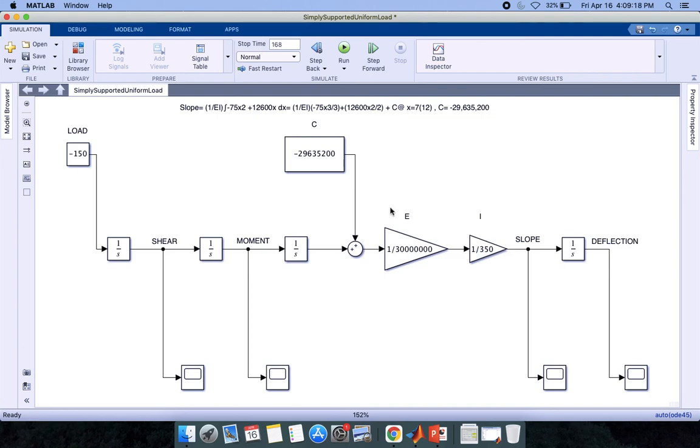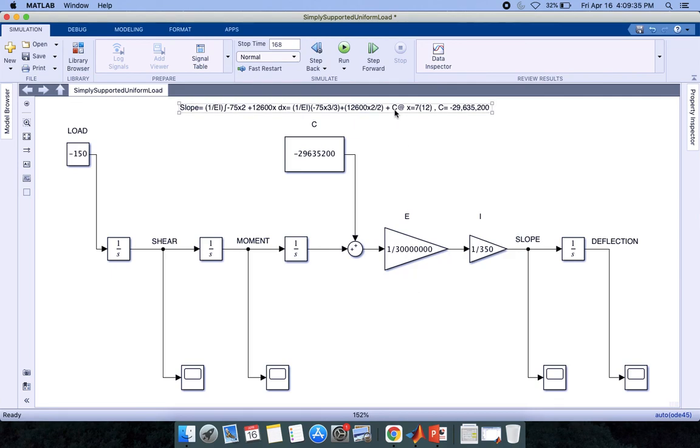Now, if we integrate the moment equation, along with dividing it by EI, which were given, shown here, we can get the deformation slope diagram.